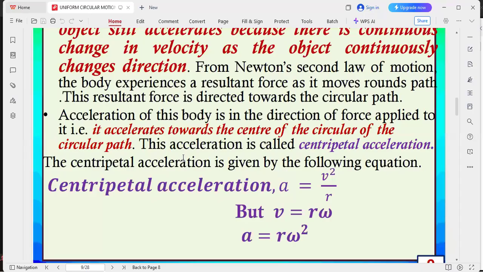Since v equals omega r, you can also express acceleration as r omega squared. So we have two ways of finding centripetal acceleration. One is v squared over r. The second one is r omega squared.